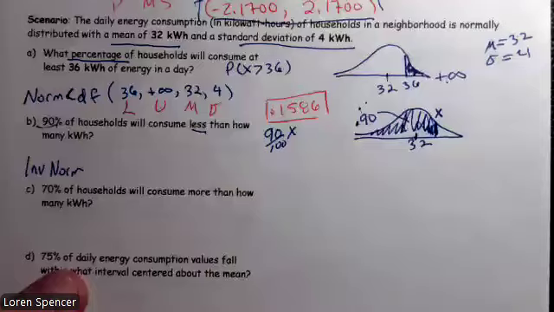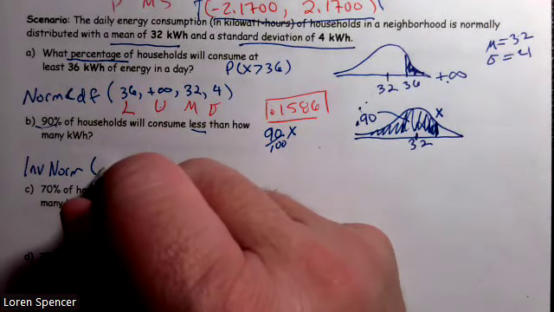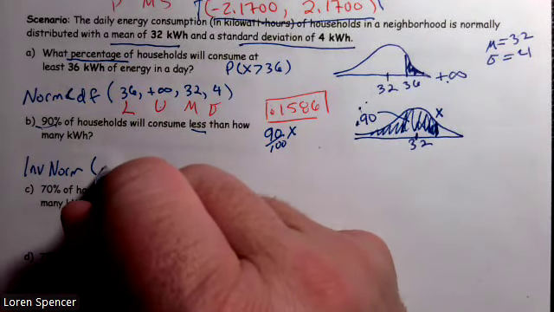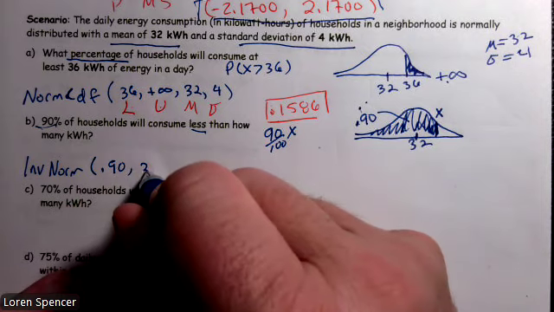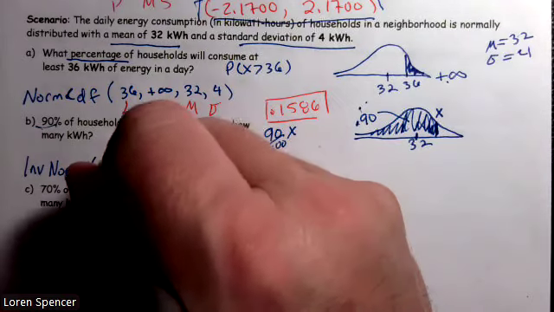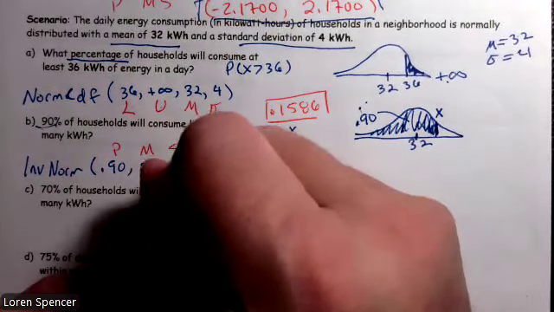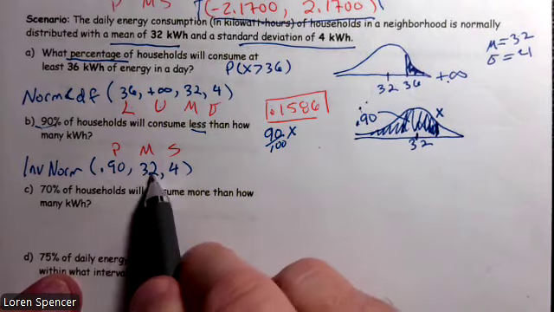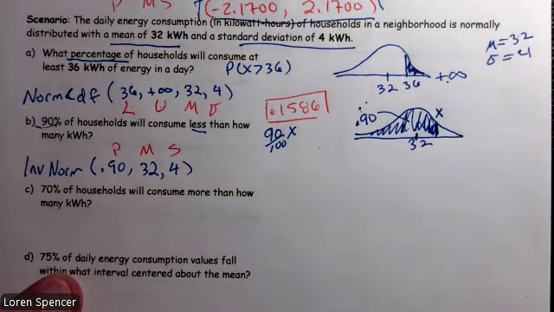So let's go ahead and write that down. Inverse norm, 0.90, mean of 32, standard deviation of 4. This is our PMS, our percent, our mean, our standard deviation.